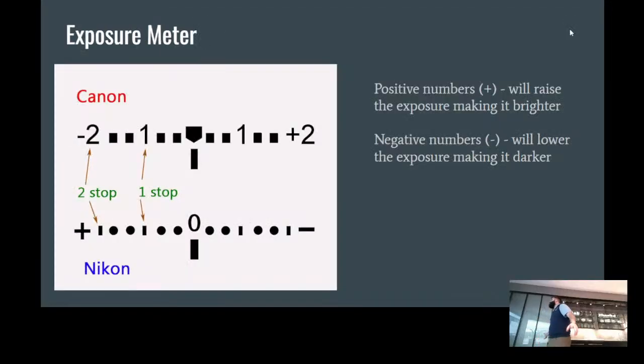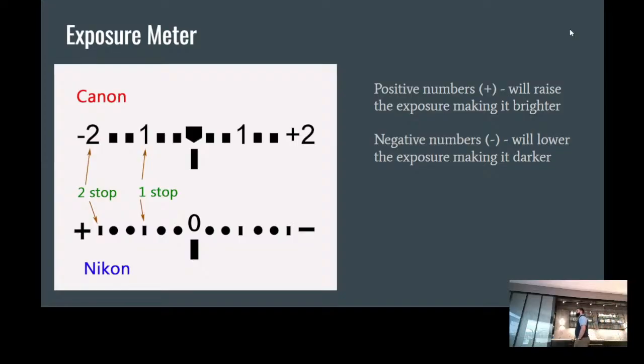Now, to bring in a few more things that I think are important to this whole thing before I then talk about full manual, let's talk about the exposure meter. When all else fails, you've set your ISO, you've set your shutter, you've set your aperture, and it still looks too dark, too light. There should be a dial on your camera called exposure compensation or exposure meter. And typically it'll be a plus and minus symbol in a yin-yang style box.